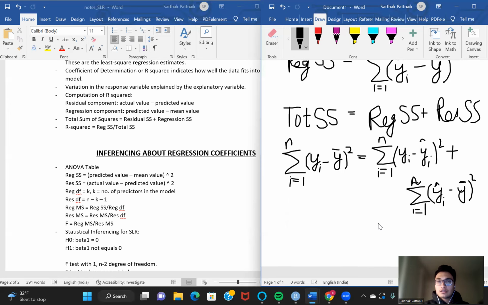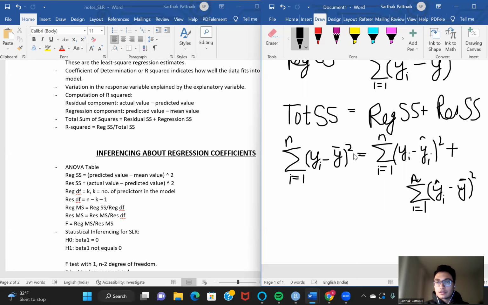So this is how we calculate the regression sum of squares and the residual sum of squares, and adding residual sum of squares and regression sum of squares gives you my total sum of squares.